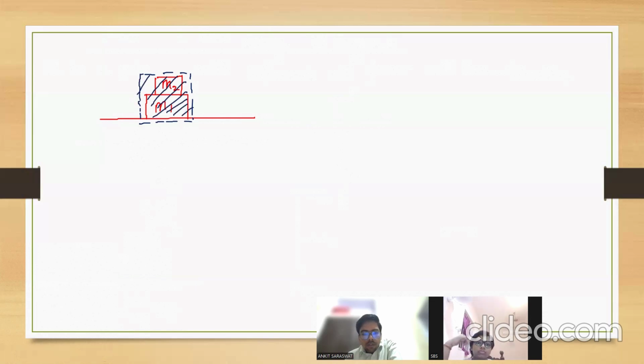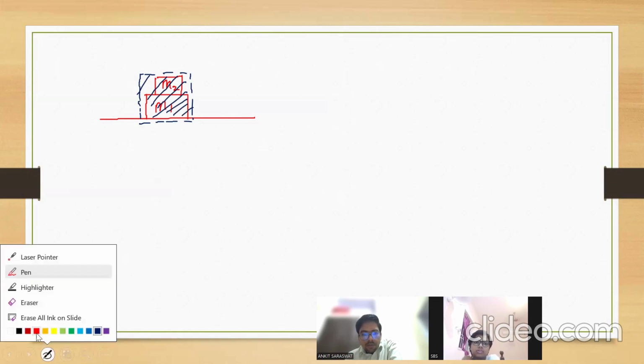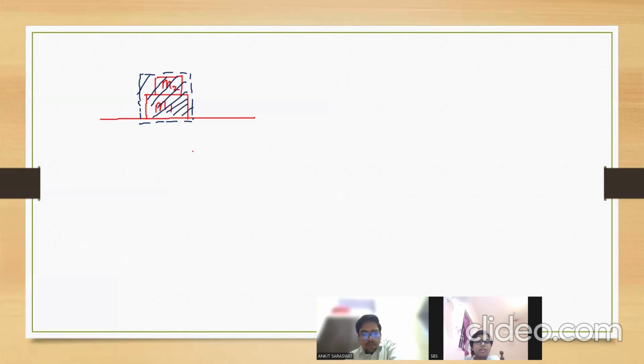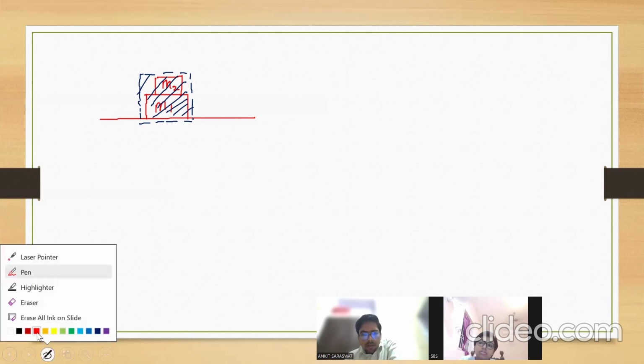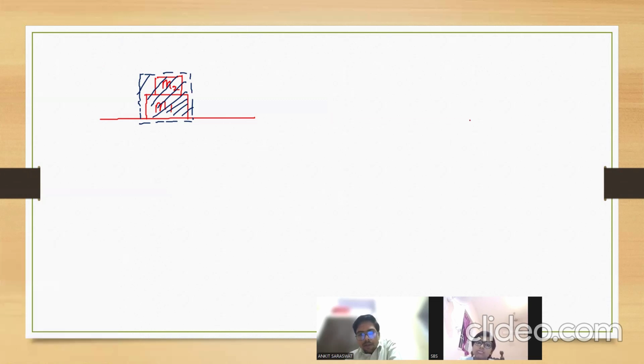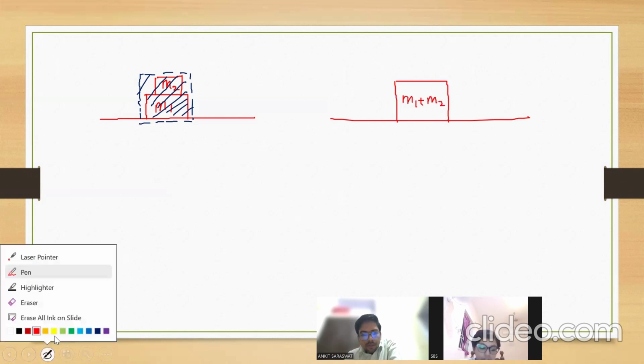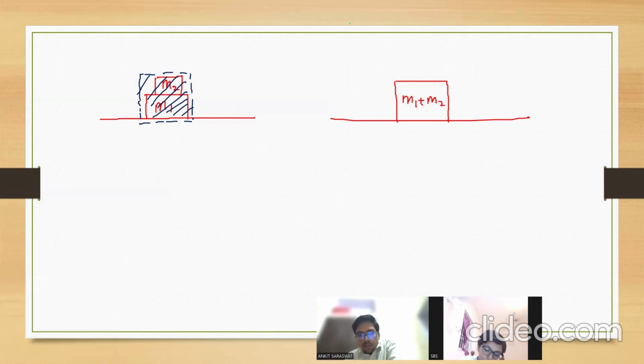Now on this system, who is going to apply the force? Normal force, sir, and then gravity. Very good. When I take both blocks as a system, I draw one block like this. Now draw all the forces.